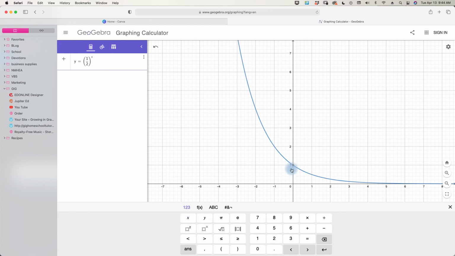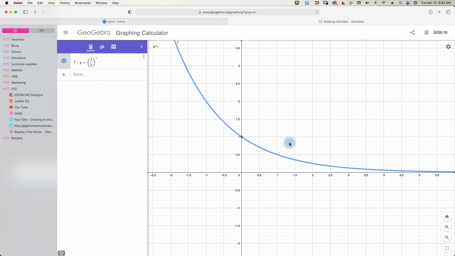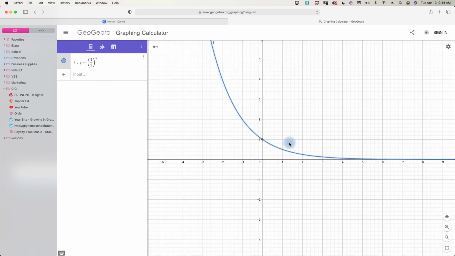So all you have to do now is, again, zoom in, right? You just really need to see the whole number. You don't need to see the half number. So we see the y-intercept is on the 1, okay? And it's just the reflection. Because this is the inverse of the whole number 2, it's going to be the reflection of 2. It's going to be on the opposite side, just like a mirror image.